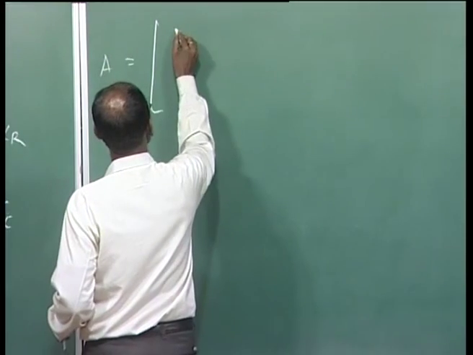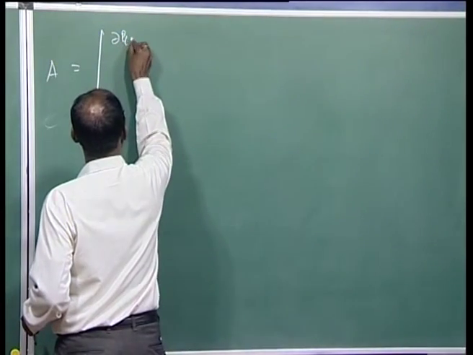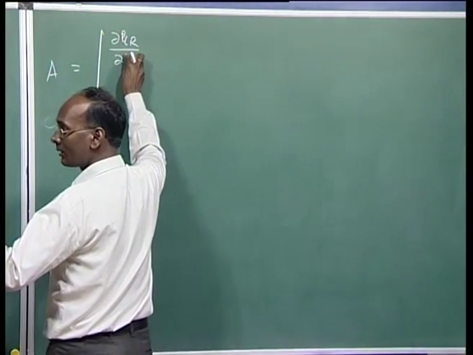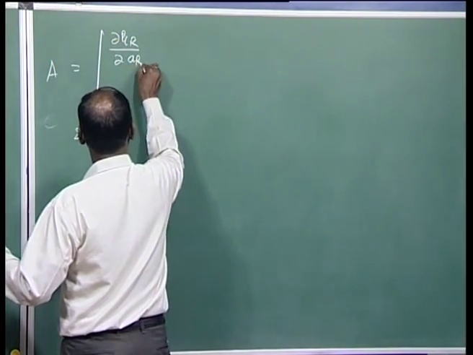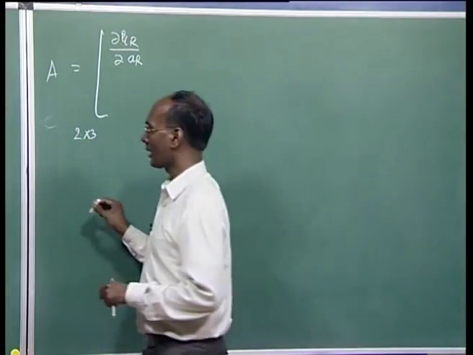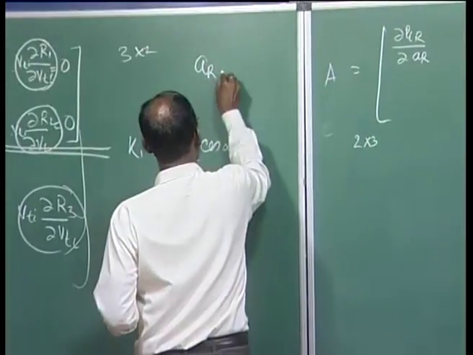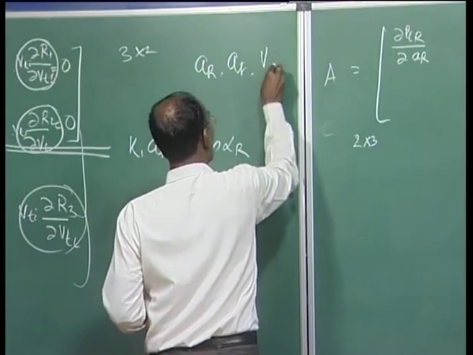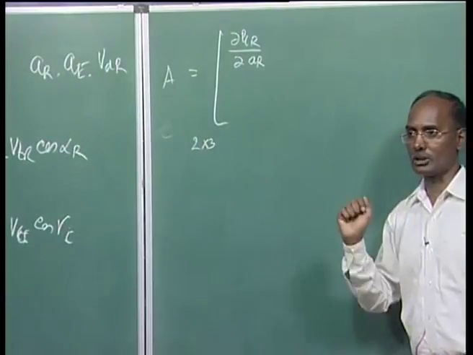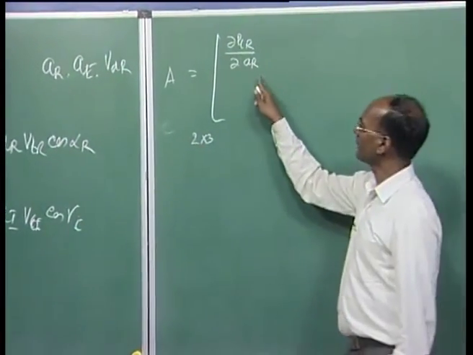So, I can write here del PTR del whatever, in this case X1, and this is AR, because in this case we have our unknowns AR, AI and VDR. The 3 are the XDC in this case. So, this will be this.